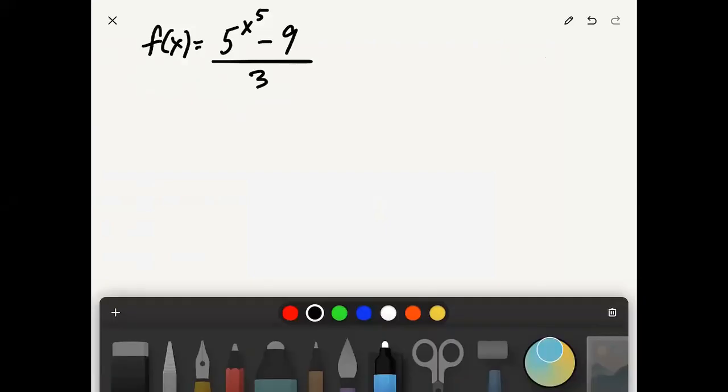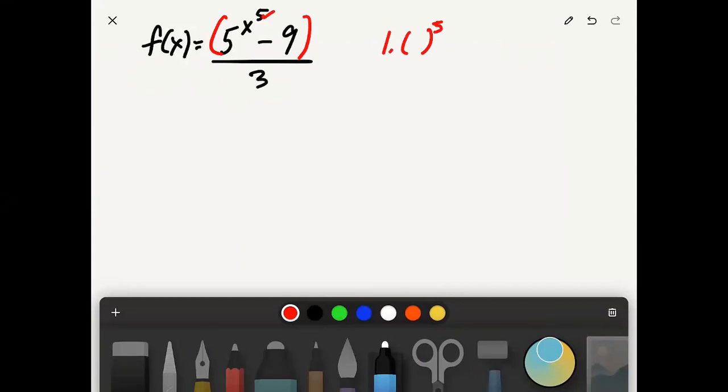So first thing we're going to do is, now I'm going to throw in a parenthesis so that everyone understands what we're doing here. So basically this is parentheses. So very first thing that we're doing is we're raising x to the 5th power. So we're doing this part first.